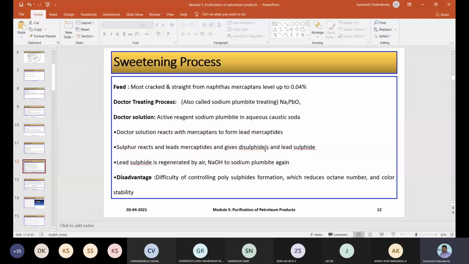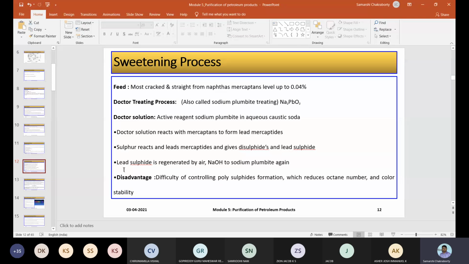So lead sulfide, now. Once we have reacted your doctor solution with your mercaptans in the presence of your caustic soda, that is NaOH, it has been converted into lead mercaptide. Now this lead mercaptide will react with sulfur to give you disulfide as well as lead sulfide.